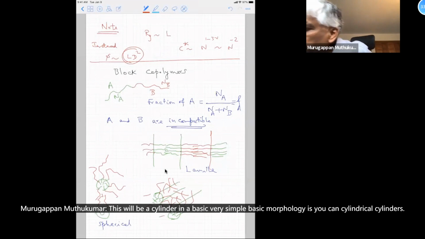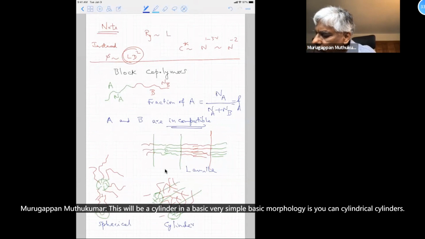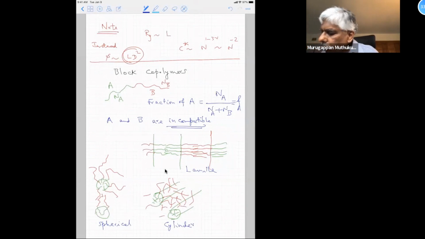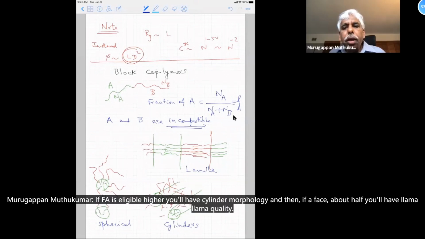This will be a cylinder. These are the basic, very simple morphologies. So if FA is very small, you'll have spherical morphology. If FA is a little bit higher, you'll have cylinder morphology. And if FA is about half, you'll have lamellar morphology.